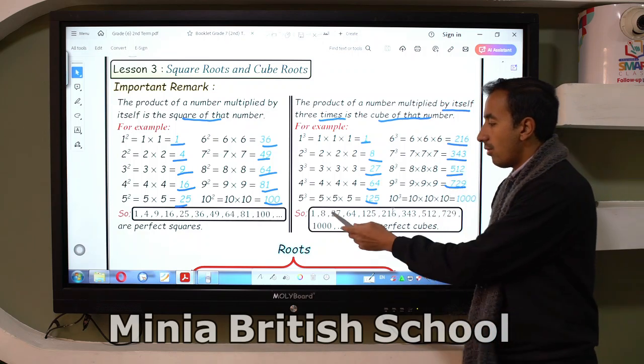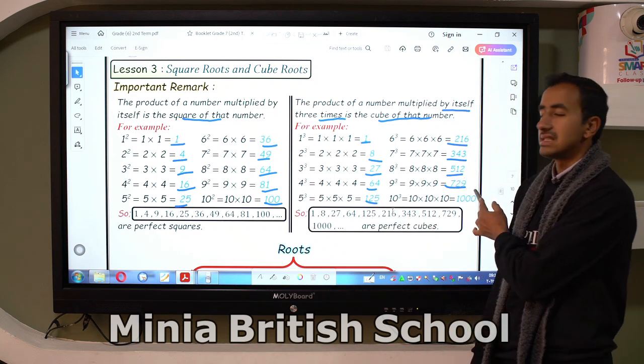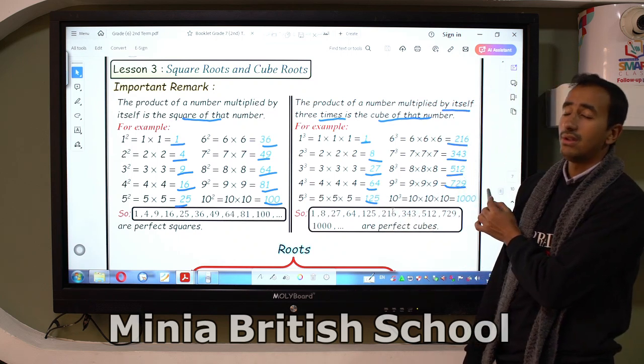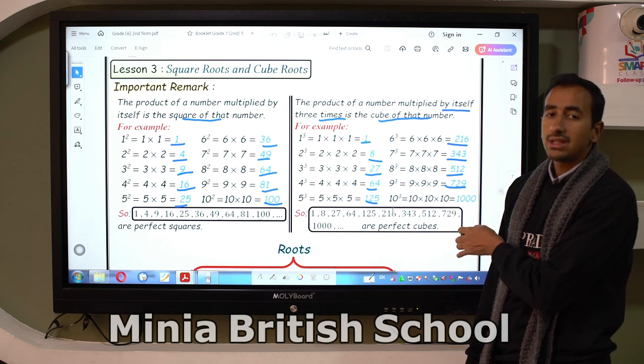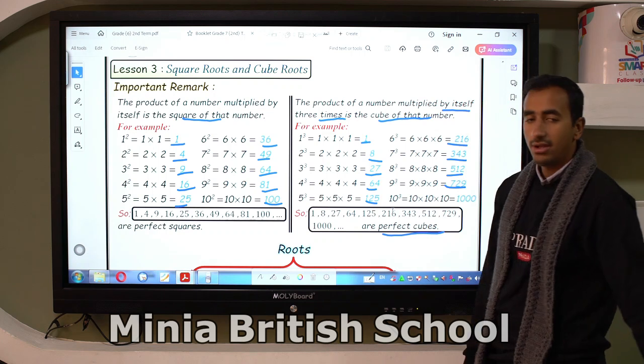So we have 1, 8, 27, 64, 125, 216, 343, 512, 729, 1000, and so on. All of them are perfect cubes.